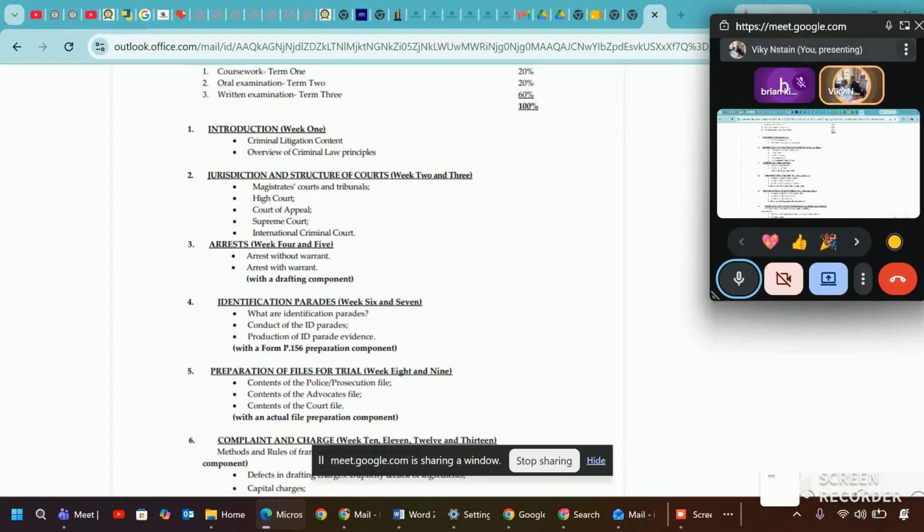K. At the termination of the parade or during the parade, the officer conducting it shall ask the accused or suspected person if he or she is satisfied that the parade is being or has been conducted in a fair manner and make a note in writing of his or her reply thereto in Form P-156.